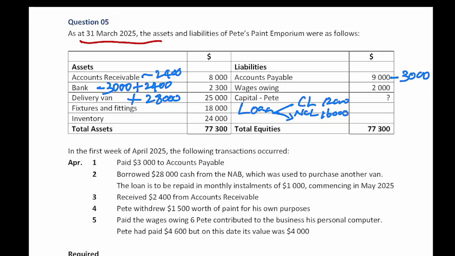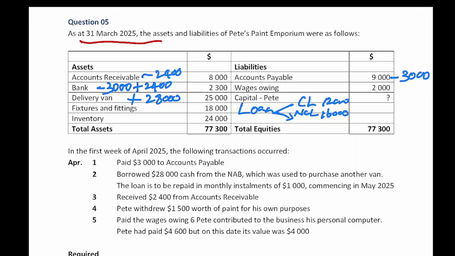Which asset? Which current asset? Paint, we don't have an item.